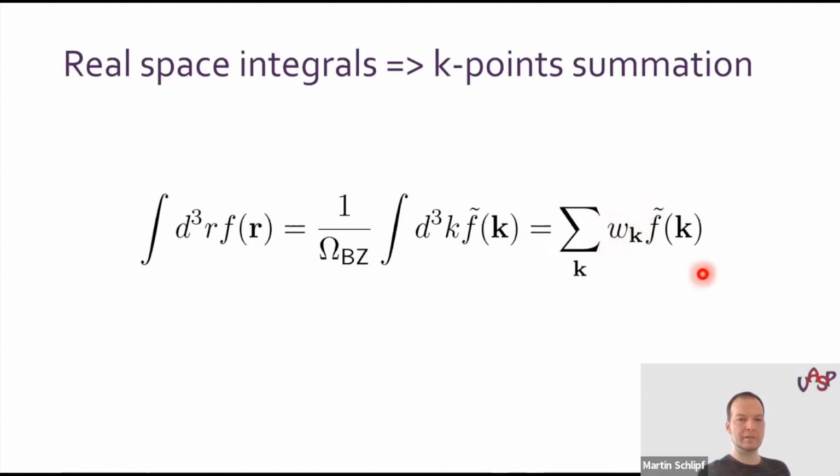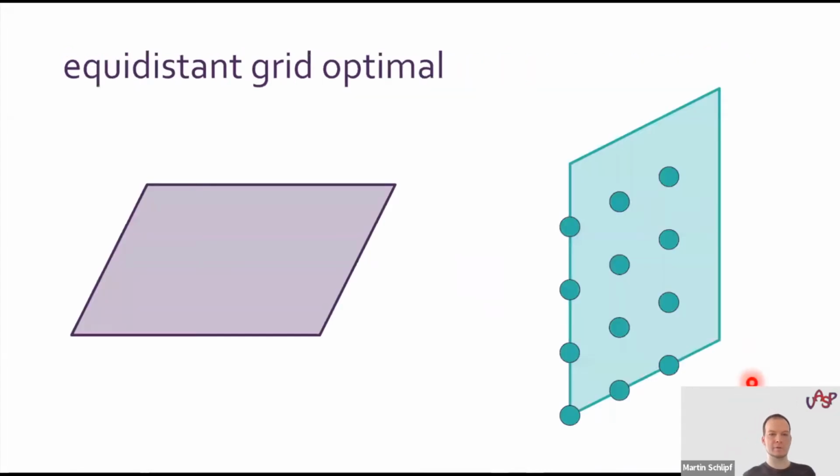All functions that are k-point dependent, we evaluate at certain k-points with weights. And now the question is, of course, what k-point meshes should we choose? It turns out that if you know nothing about a system other than that it is a periodic system, equidistant grids are optimal.